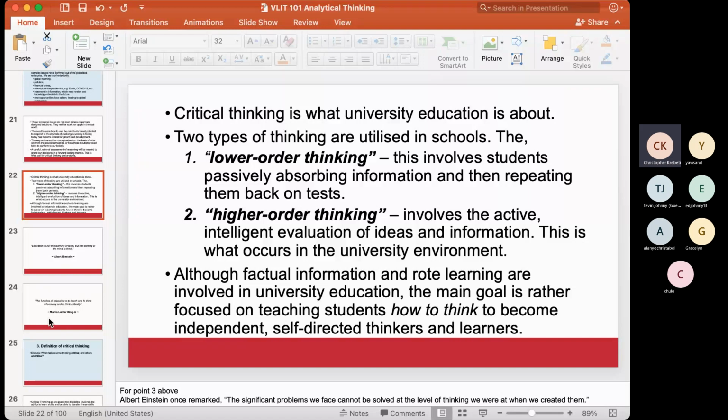The rote learning that is encouraged in the university is this: you come across new information, and before you can make use of it, you have to know it as a fact in the background of your mind, such as theories, definitions, and so on. Let's talk about the concept of force in physics, or the concept of energy in physics.